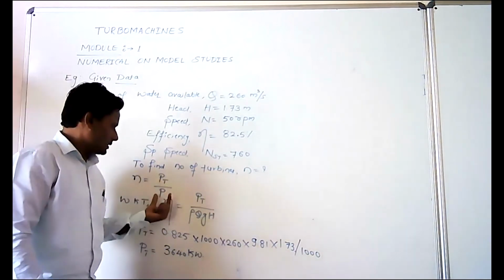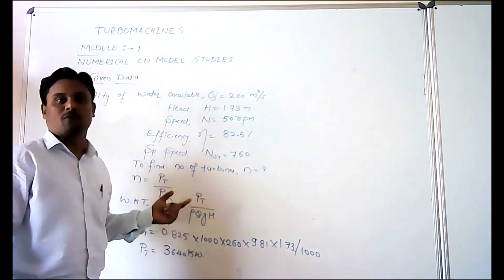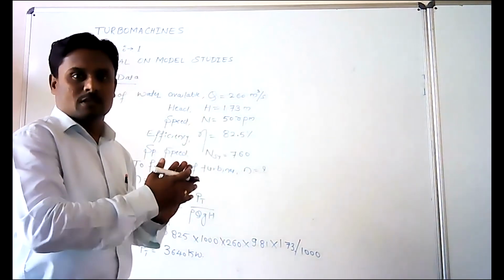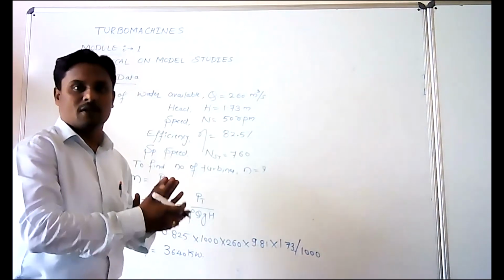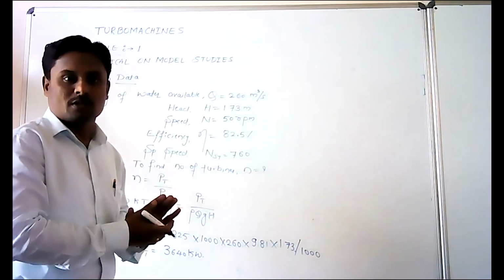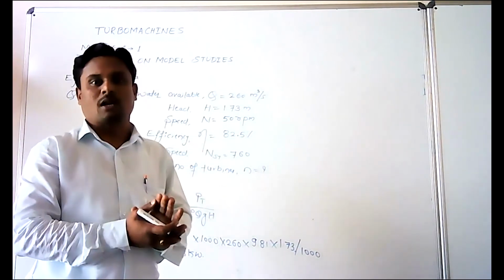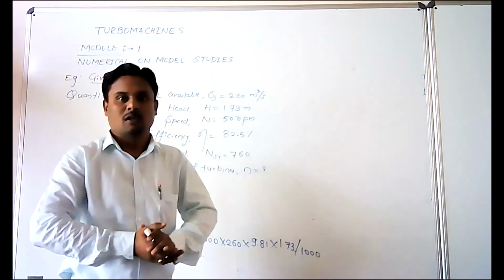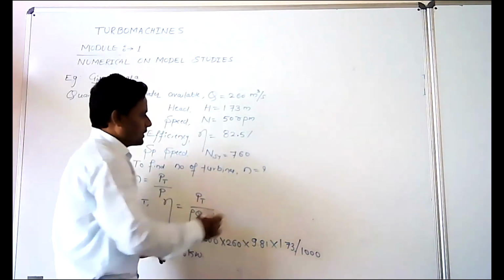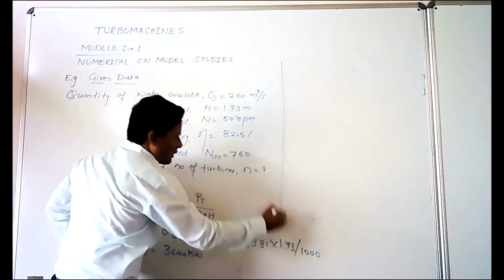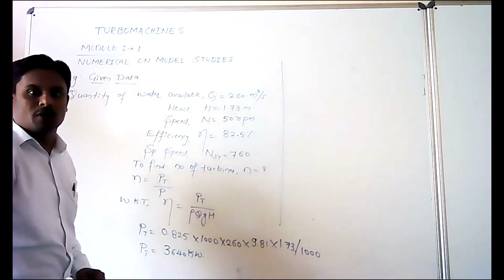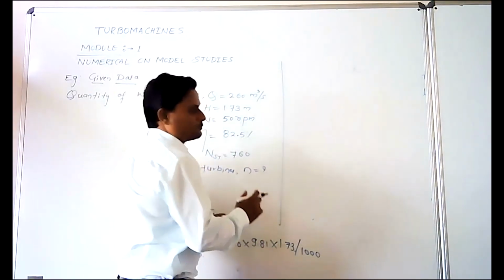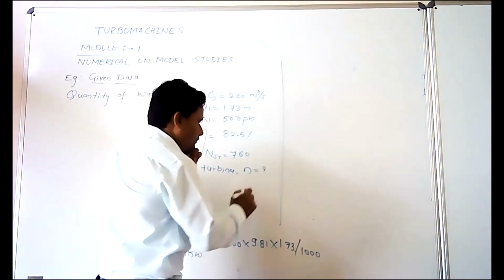Now we want the power obtained from one turbine. Since it is multi-stage, on the same shaft we have a number of rotors. So here we need to find how many rotors we need for this particular output. Let us get the power obtained from each turbine or rotor.